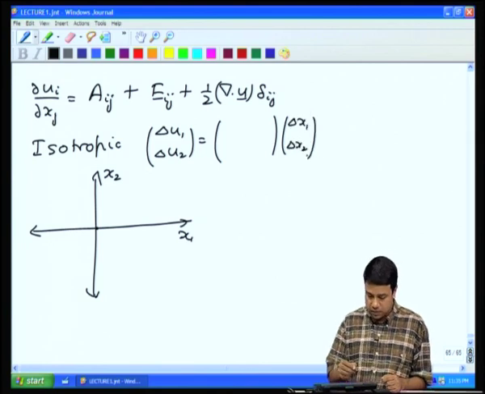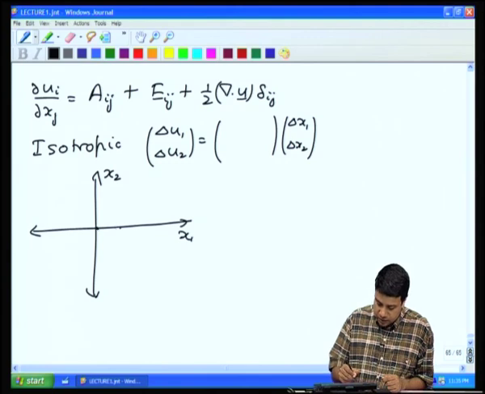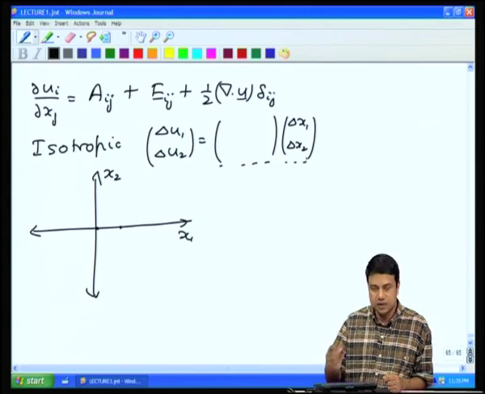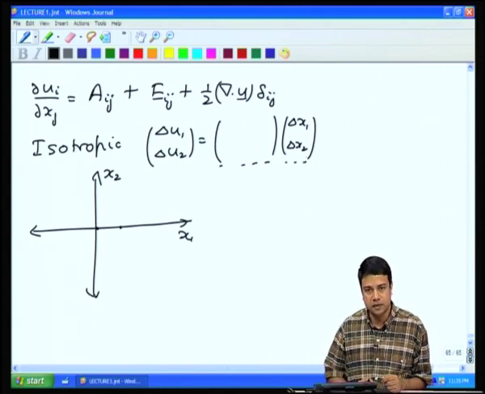So, the difference in velocity between 2 locations is equal to the gradient of the velocity times the displacement travelled. For an isotropic matrix, I have only 2 diagonal elements which are non-zero, and they are both equal.